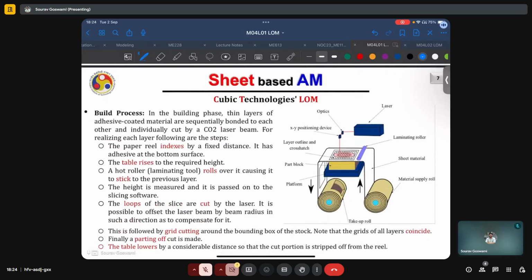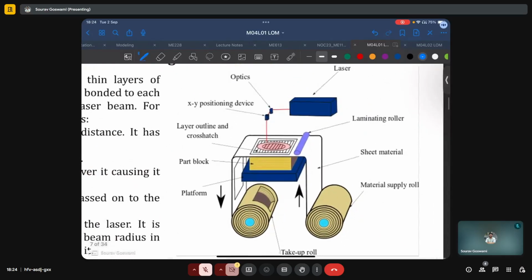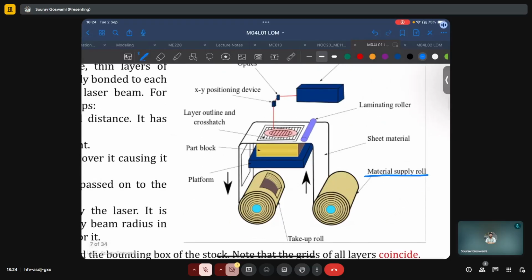Now, a schematic of the machine is presented here on the right. We see that there are two rolls, one being the material supply roll, one being the material take-up roll. The take-up roll need not exist in all such processes, but it does exist in Cubic Technologies' machine.